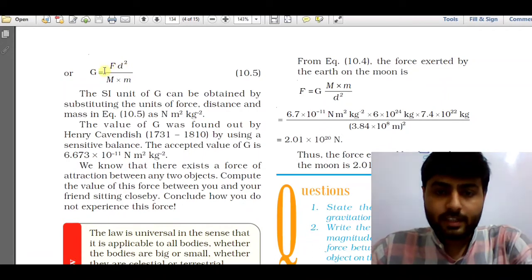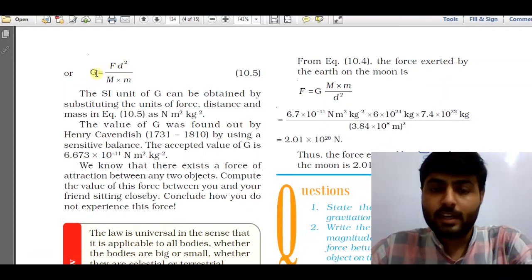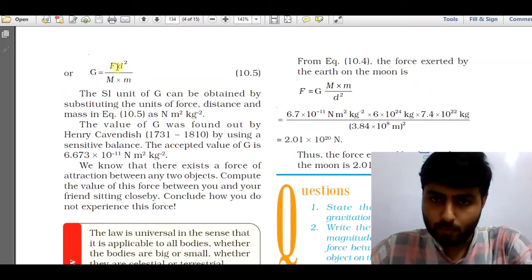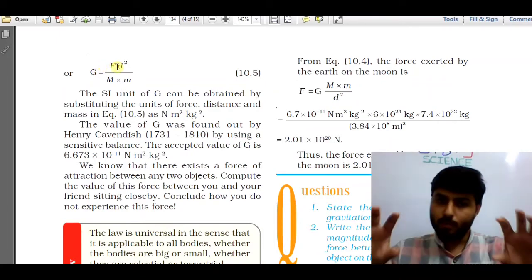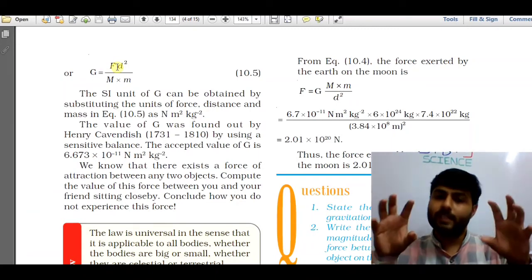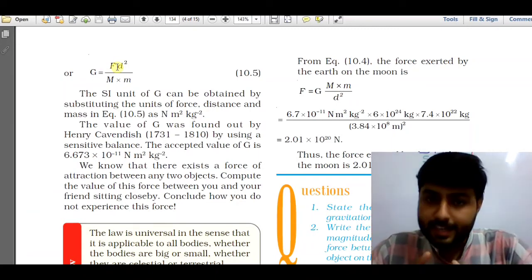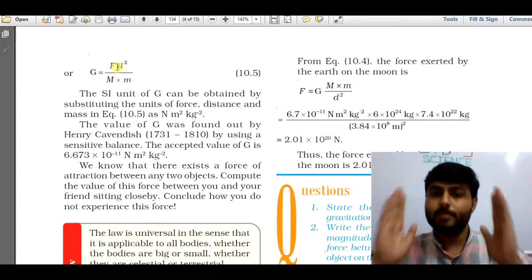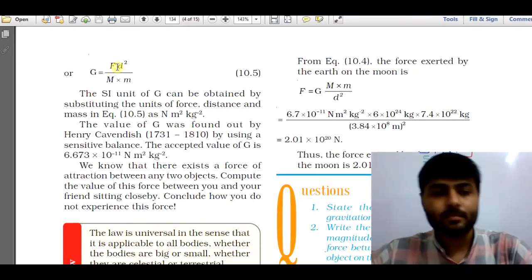What is G? That is the universal gravitation constant. F is the force between these two objects, particularly the gravitational force between these two objects. D is the distance between these two objects.